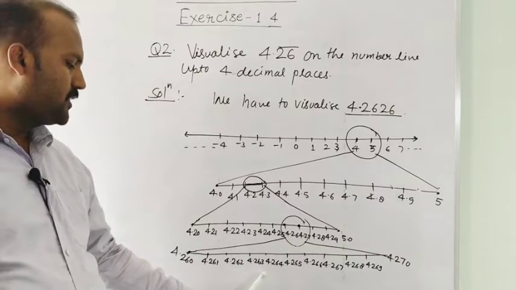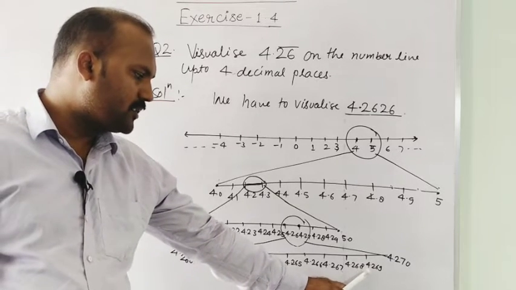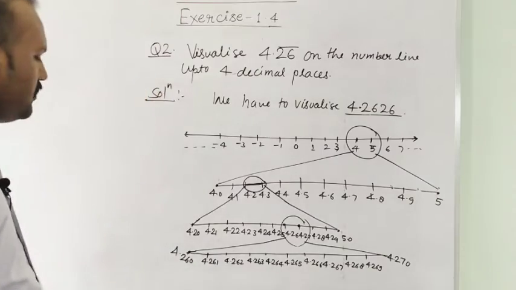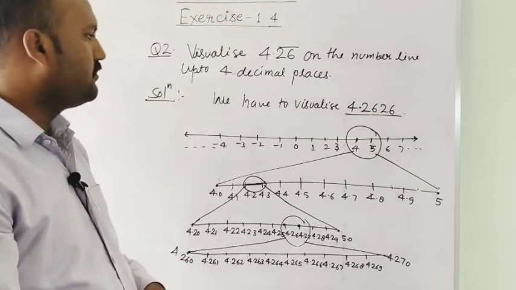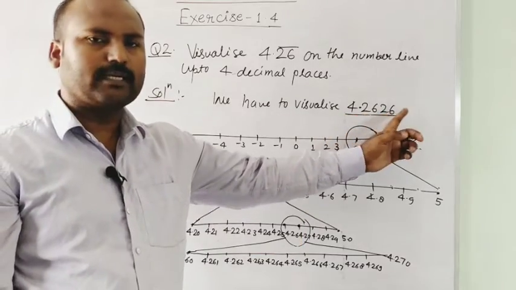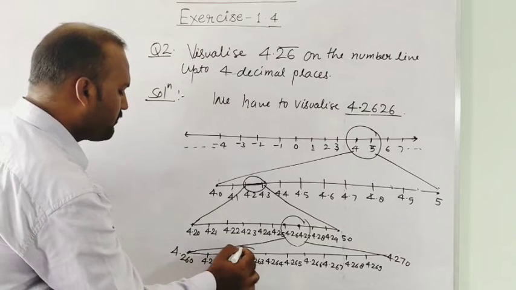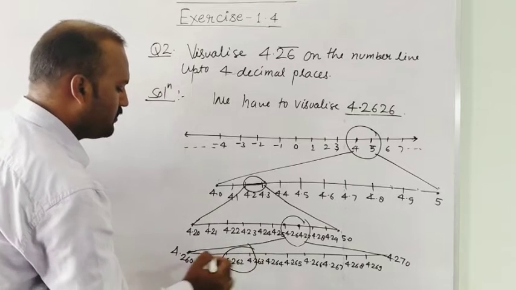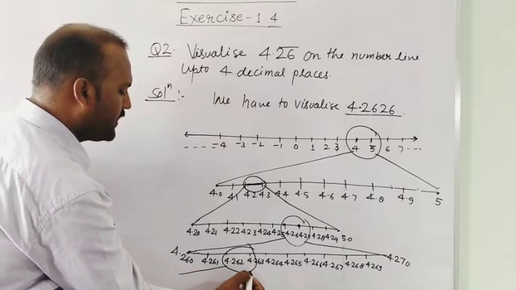Now see, the given number is lying between which two numbers? This is more than 4.262 but less than 4.263. It means this number is lying between 4.262 and 4.263. So we have to magnify again.